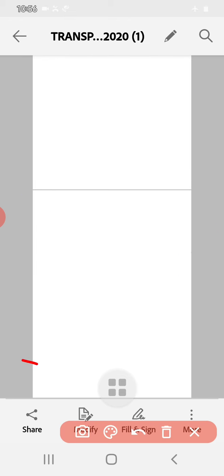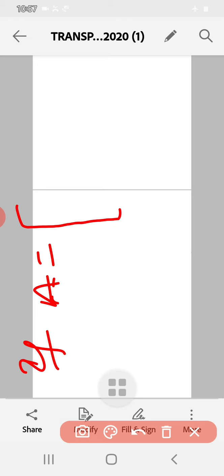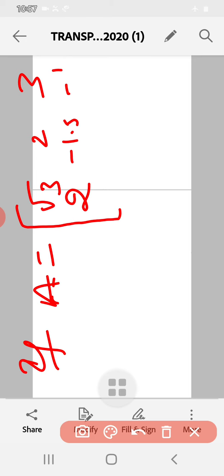Let us consider another example. If A is equal to, we can consider order 2 cross 2 or 3 cross 3 matrix. So I will take say root 3, 2, 3, 2, minus 1.5, minus 1, 3, minus 1, 1. This is a square matrix of order 3 cross 3.